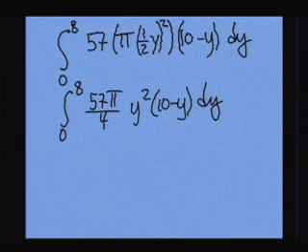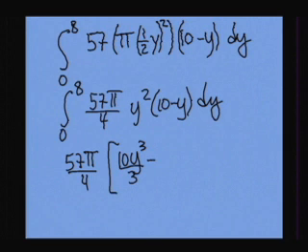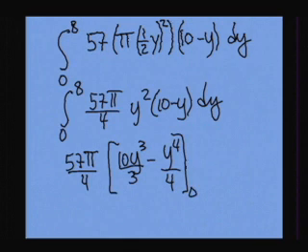And take that one step further and integrate it. We would have 57 pi over 4, which I'm taking outside, and then we would have 10 y cubed over 3 minus y to the 4th over 4, evaluated from 0 to 8.